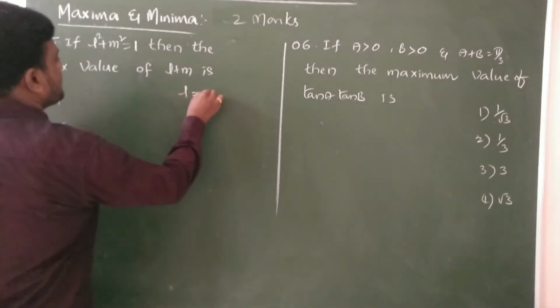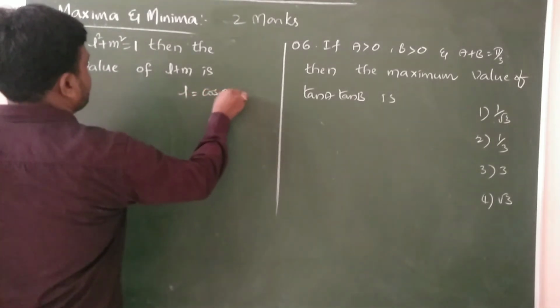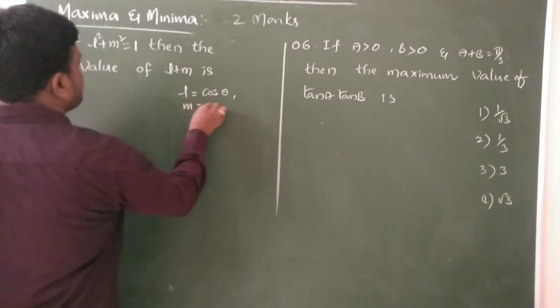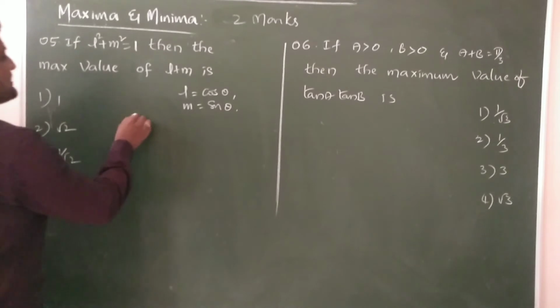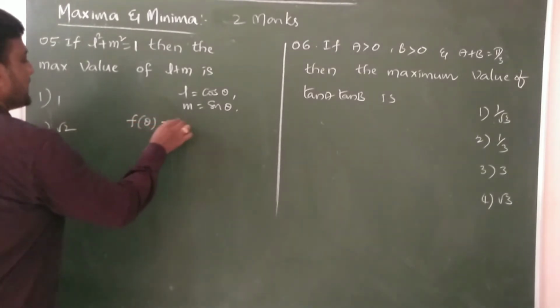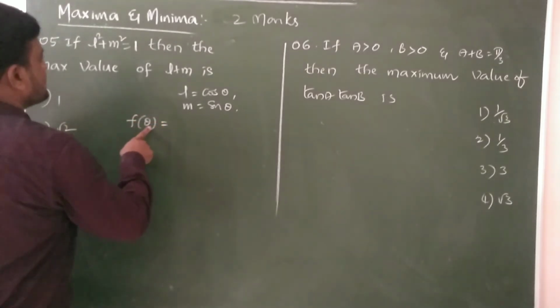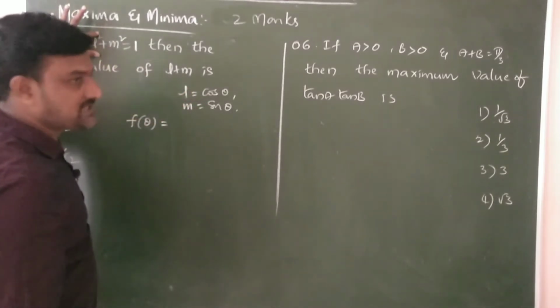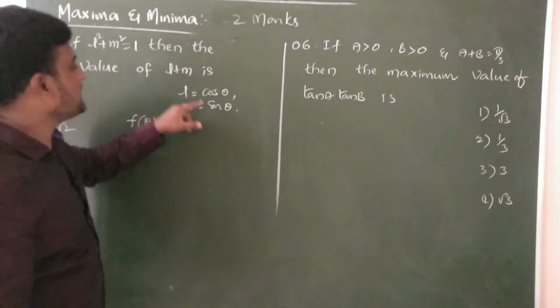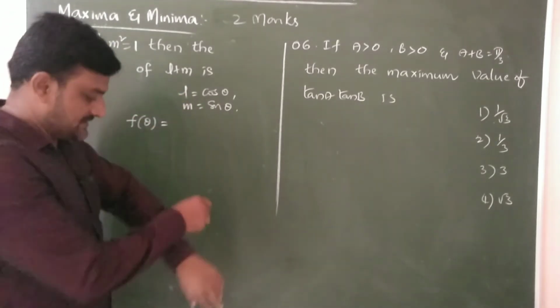Here, take L = cos θ and M = sin θ, because cos θ and sin θ satisfy the equation, yes or no? So that's why you can take L and M values like this.